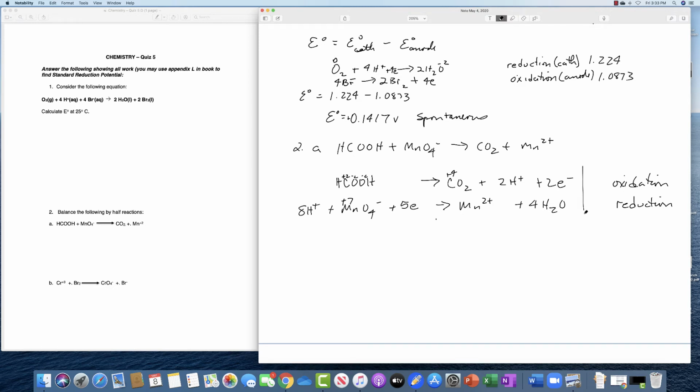Now, in order to balance these, you have to multiply this bottom one by 2 and this top one by 5 for the electrons to cancel out. And if you do that, you get 2 times 8 is 16 H plus, 5 times this, so 5HCOOH, plus 2 times this, so 2MnO4 minus.